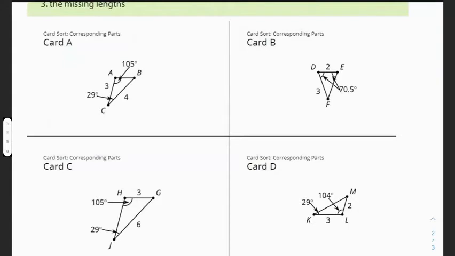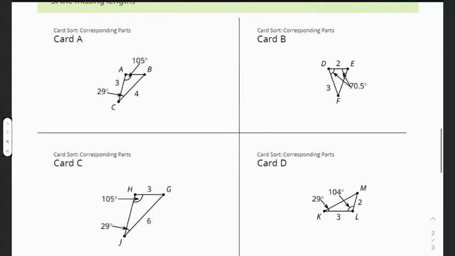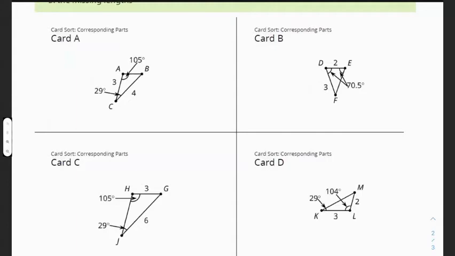Hopefully you paused the video and you found the 2 triangles that would be similar to each other. I noticed the angles of triangle A and triangle C are congruent.